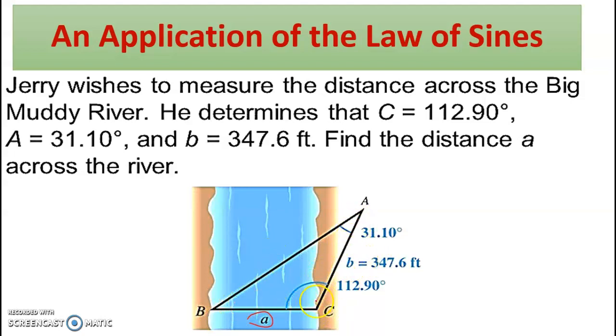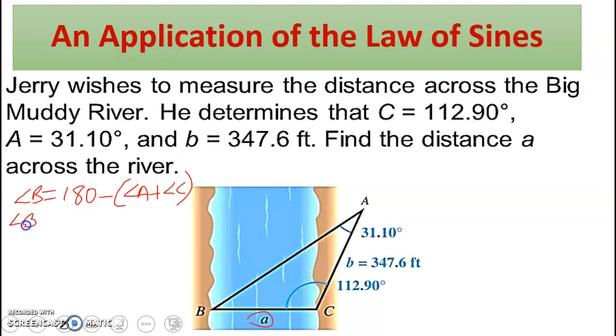But we can find angle B easily because we know two angles. The three angles in a triangle equal 180, so angle B is going to be 180 minus angle A plus angle C.